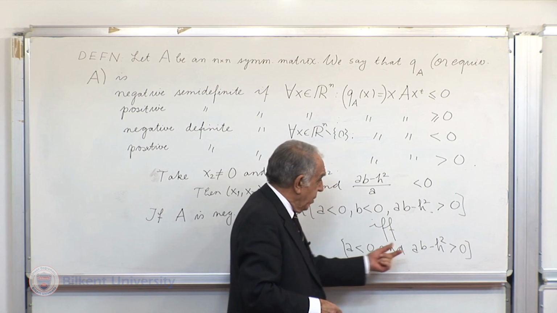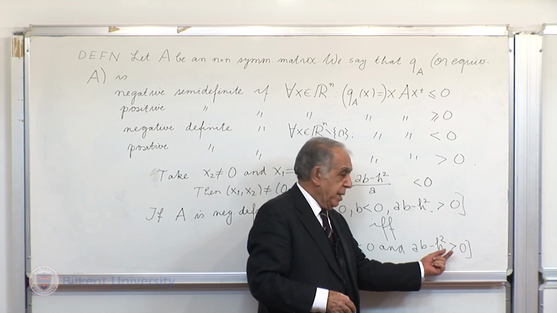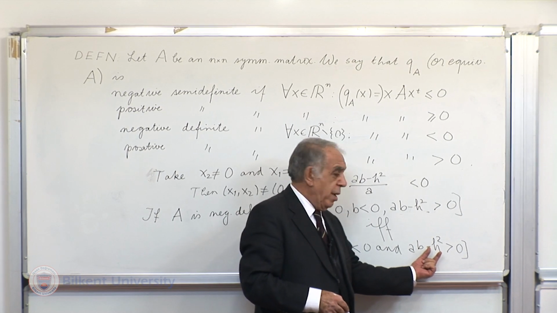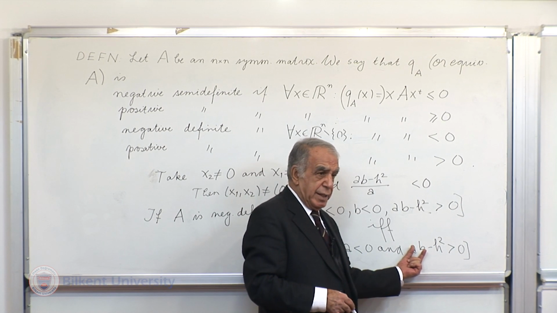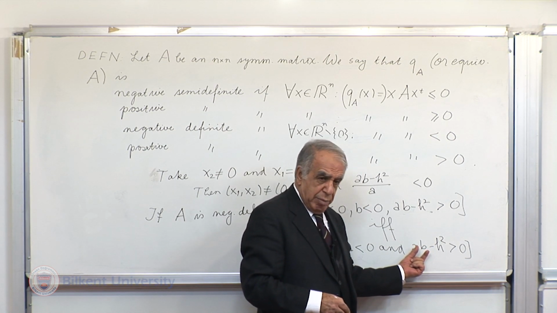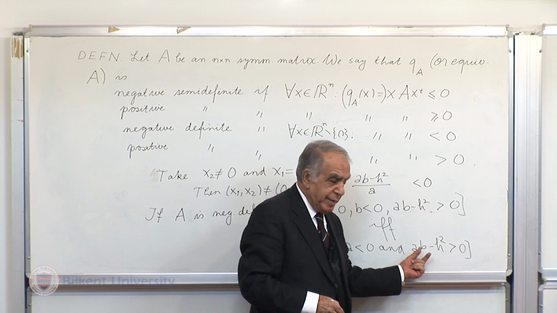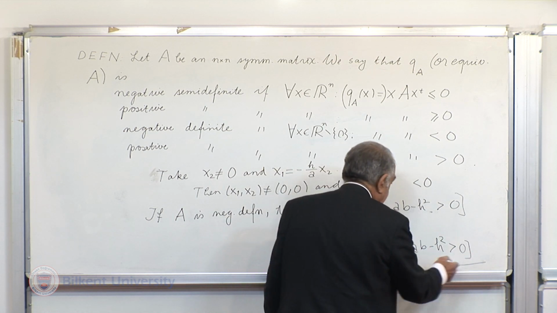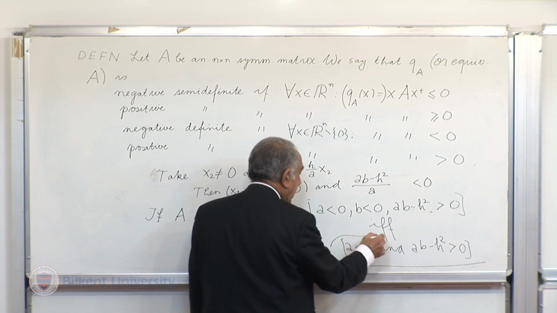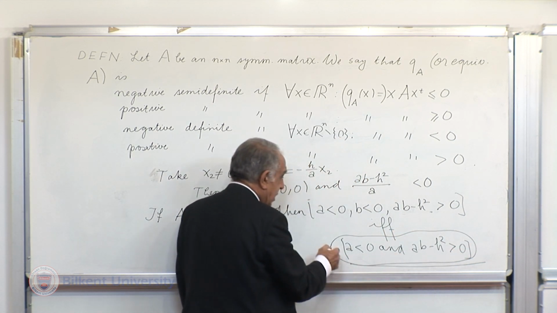Why is that? Well, this will be positive. Well, we know minus h squared is less than or equal to 0, so this has to be positive as well. But since A is negative, that will imply that B will be negative as well. Now, so if A is negative definite, then we have this.